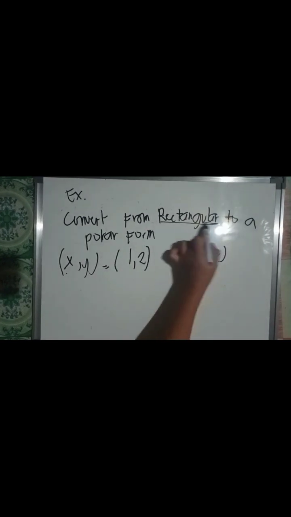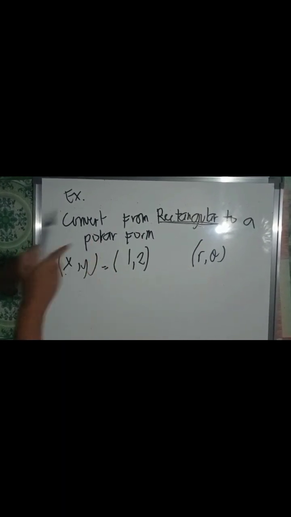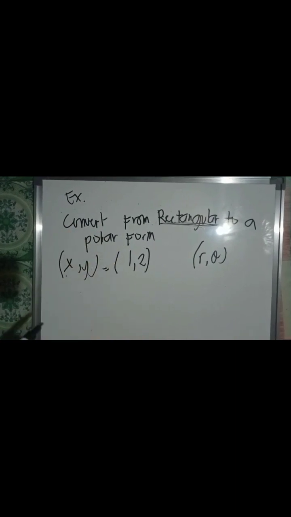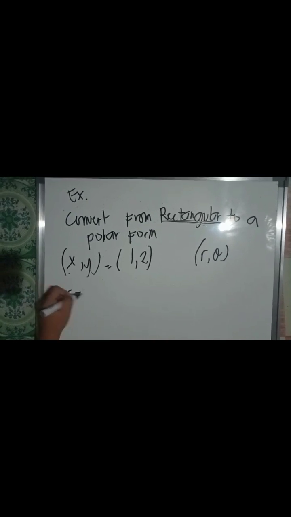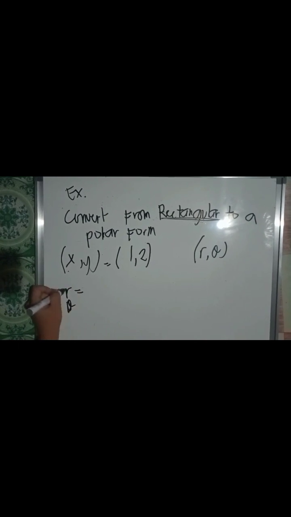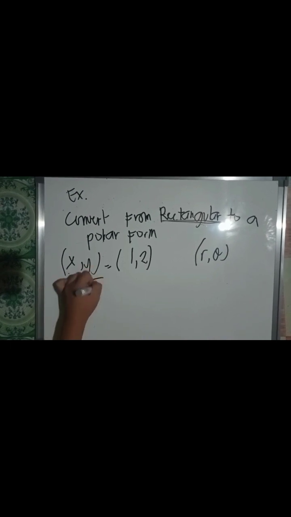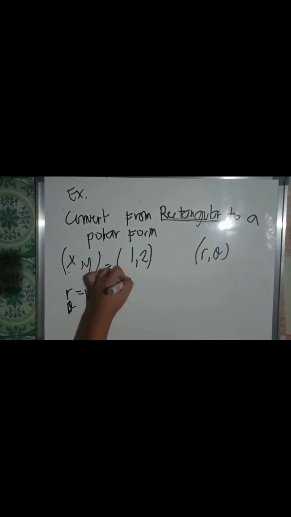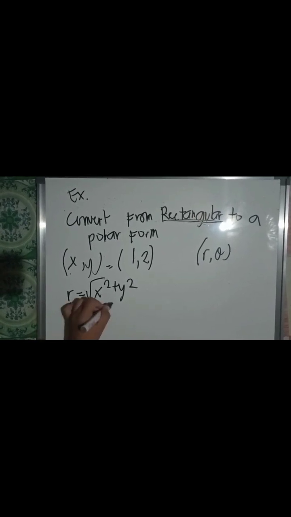Since the problem given is that we need to convert rectangular to polar form, therefore we need to use the formulas r equal to the square root of x squared plus y squared, and our theta is inverse tan of y over x.